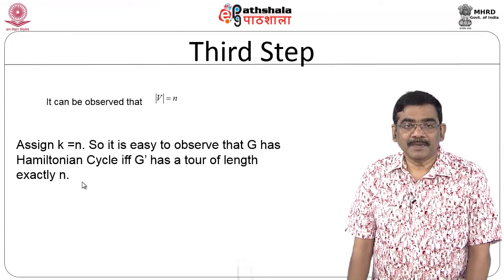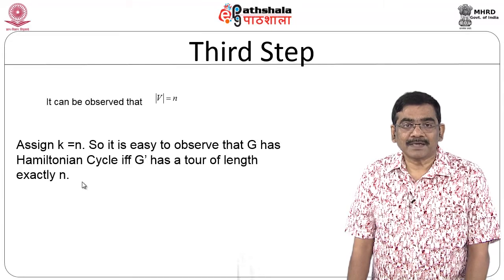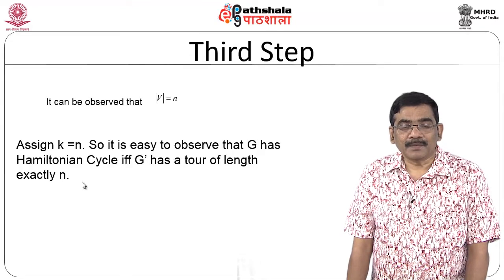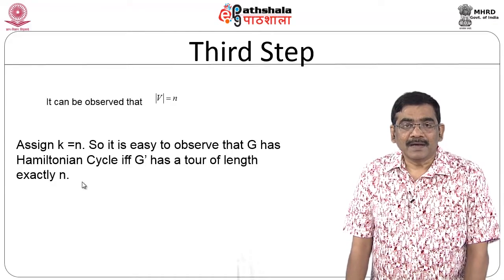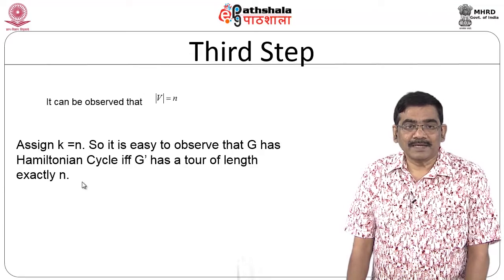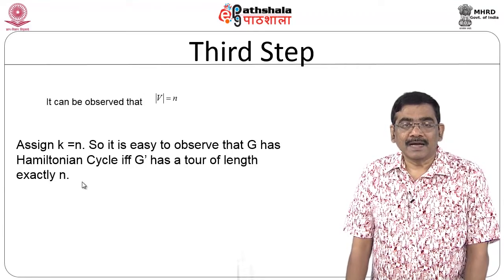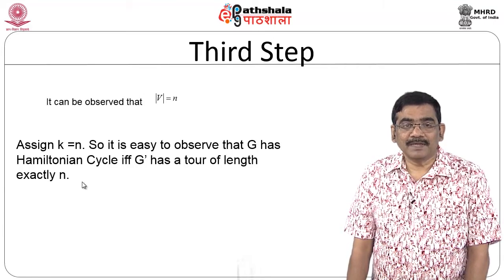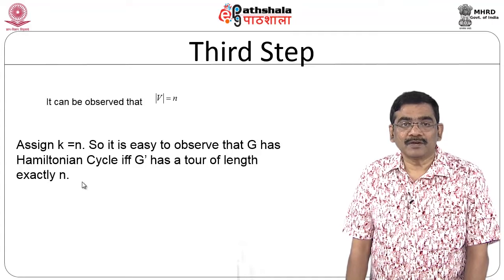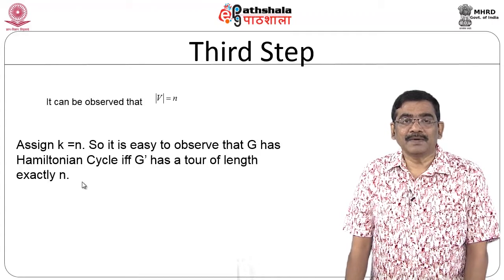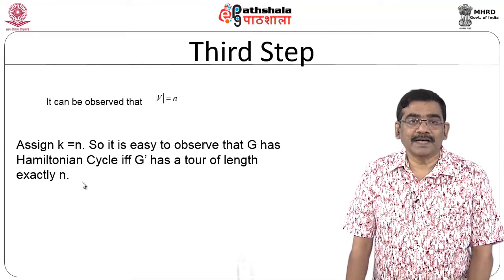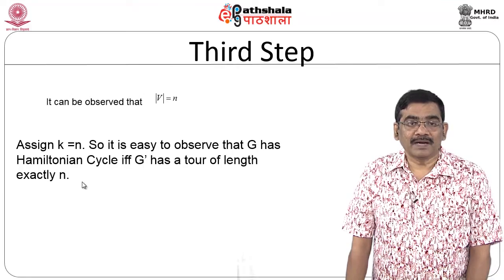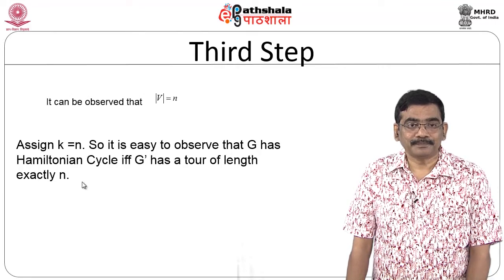The third step is we argue that the problem is as difficult as the original: if the problem can be solved there, then it can be solved here, and if the problem is not solvable there, then it is also not solvable here. By arguing that, we can say that both are equivalent. This is the kind of proof you can give for the traveling salesman problem. I hope you have understood.